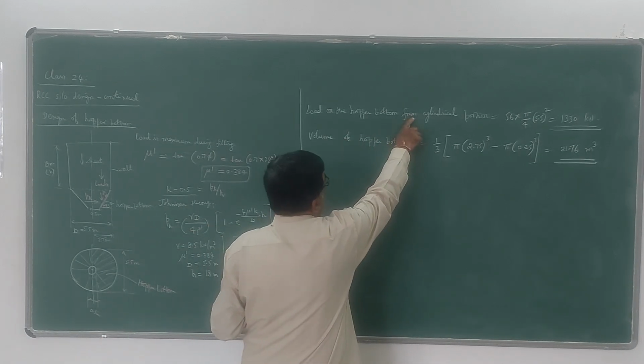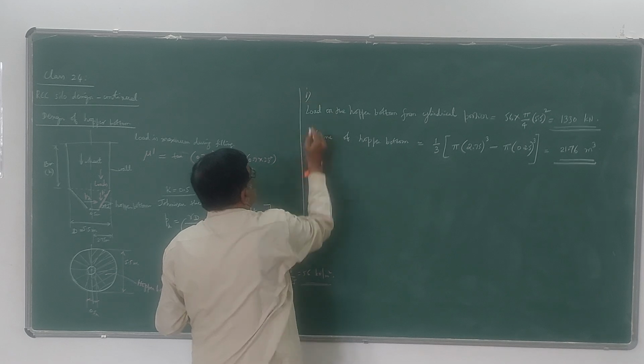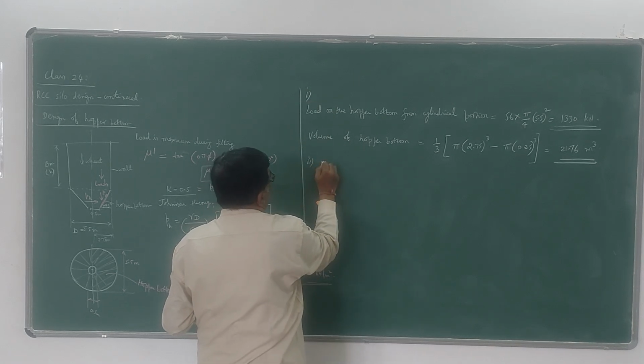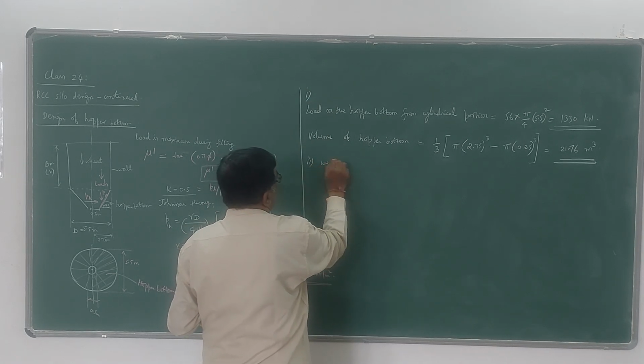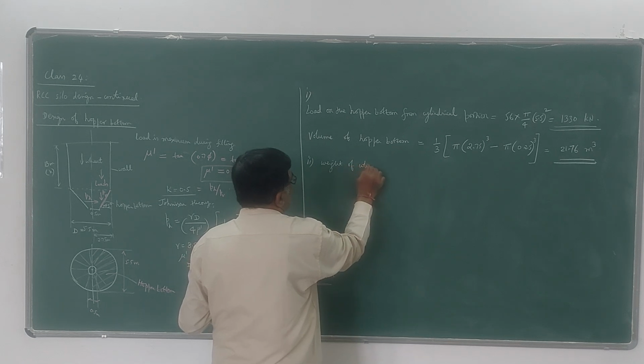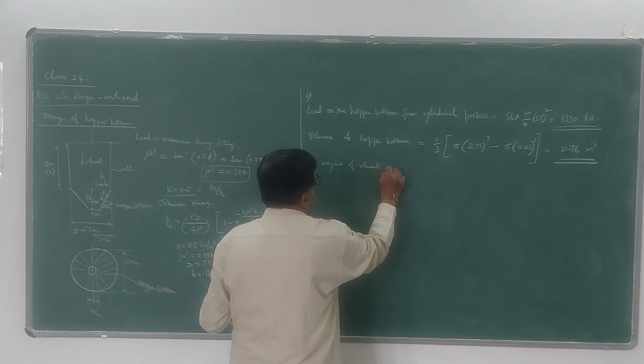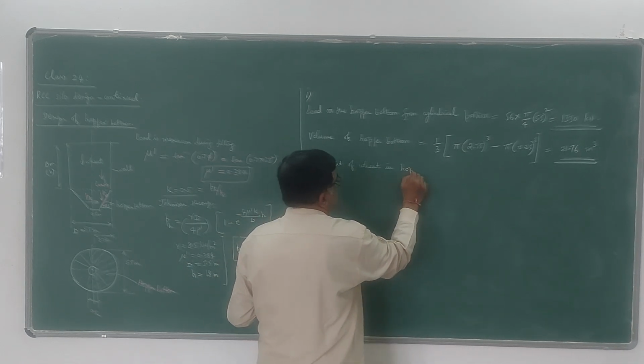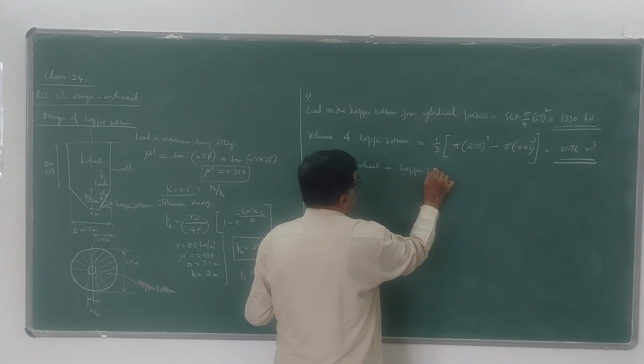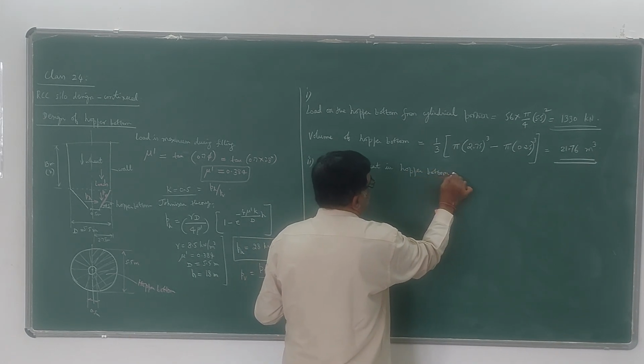This is from the cylindrical portion. This is the first load. The second load will be the weight of wheat, that is the grain, in the upper bottom portion.